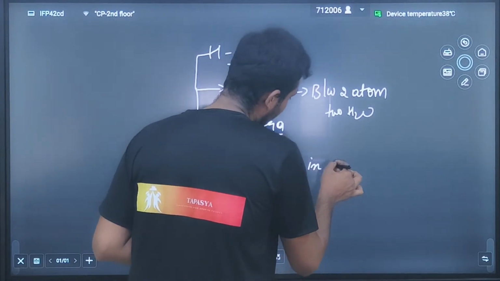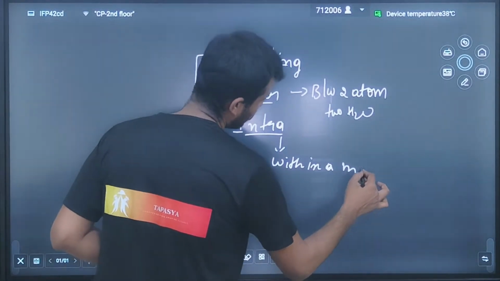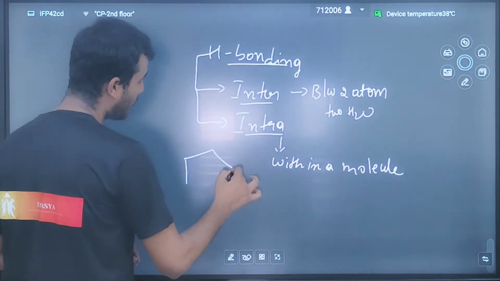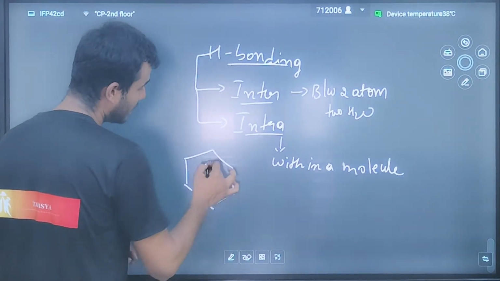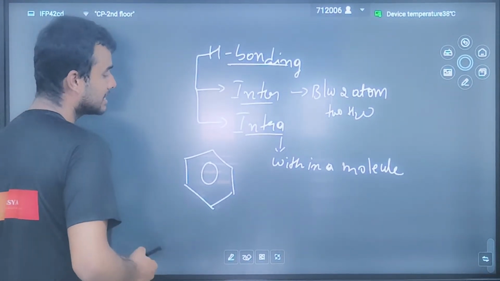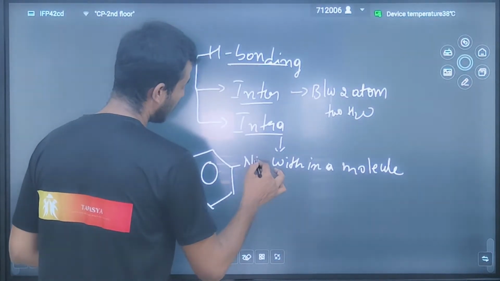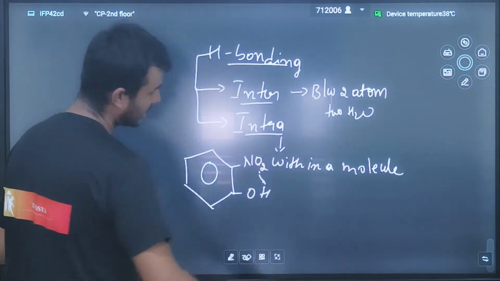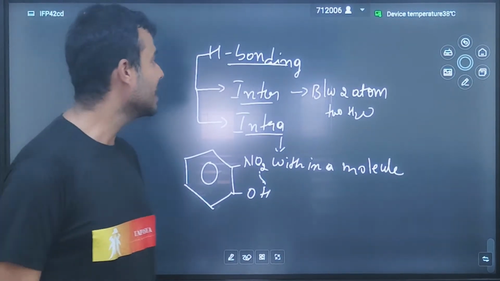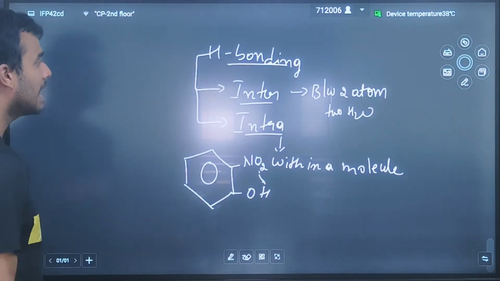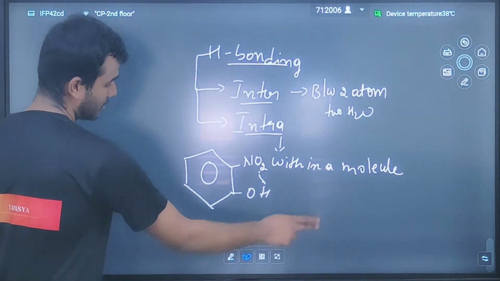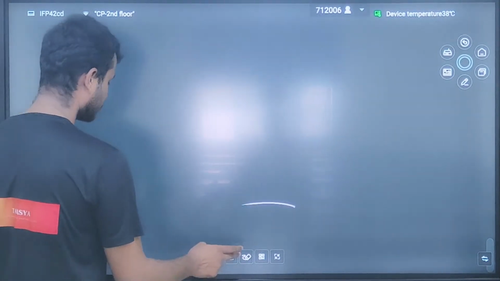For example, within a molecule of ortho-nitrophenol, we already know that compared to para, ortho-nitrophenol shows a much less acidic character due to hydrogen bonding. NO2 and OH, what will happen? Within the molecule, it will show hydrogen bonding. It is called intra. But if it is shown between the molecules, it is called inter. Okay, I hope it's clear.